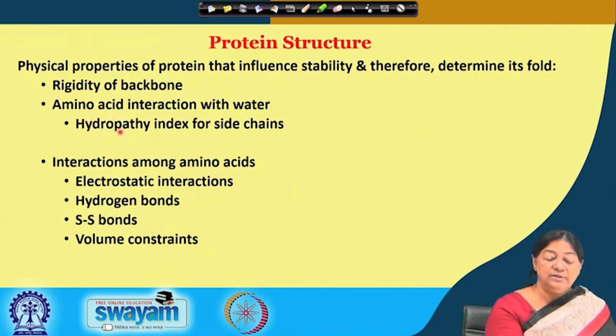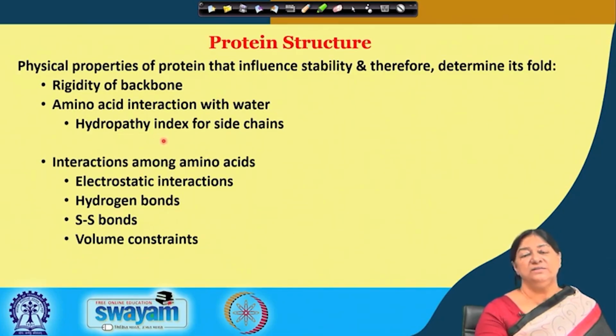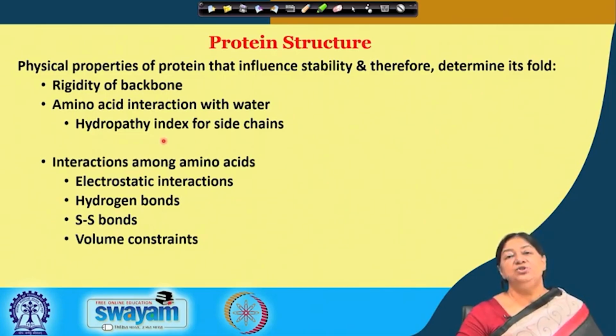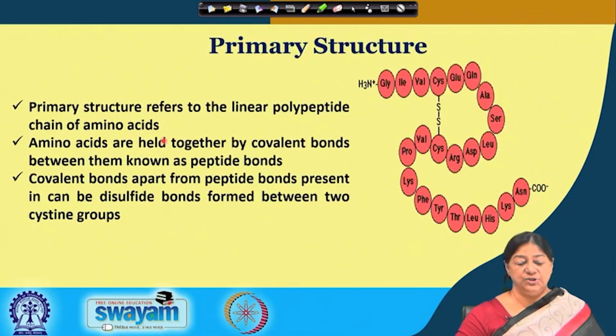Another very important property of the amino acid is the hydrophobicity, where there is a specific hydropathy index for the side chains that tells how hydrophobic a specific amino acid residue is. That is going to have a very important impact on the location of this amino acid or range of amino acid residues, if it is hydrophilic or hydrophobic in nature.